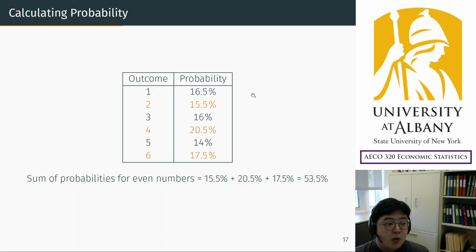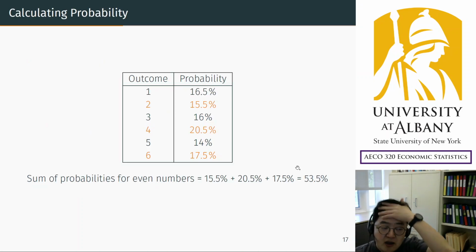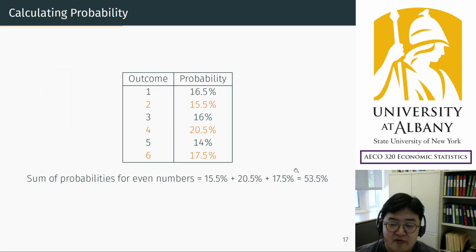In that case, we need to summarize even more by choosing an important event or an important measure. Like this, if you are interested only in even numbers, you may manipulate the probability distribution table and present another probability. That is what we are going to do in the next video, right?